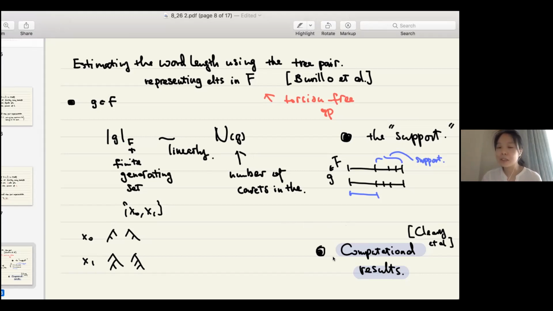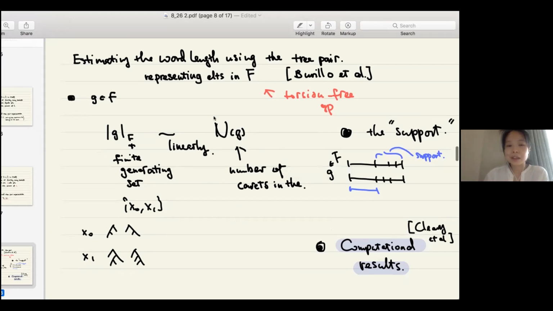I should also mention this computational result, which I only knew from a talk I heard recently. They're actually calculating the size of the tree and the number of carets, and when you take a tree of really large size, the number of carets is roughly some integer multiple of the word length.